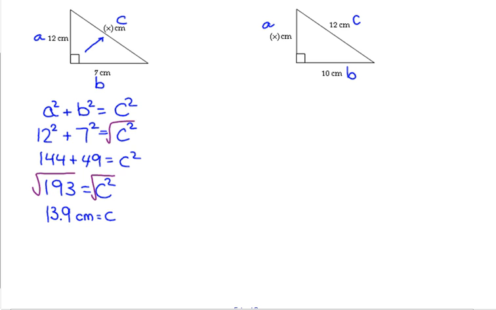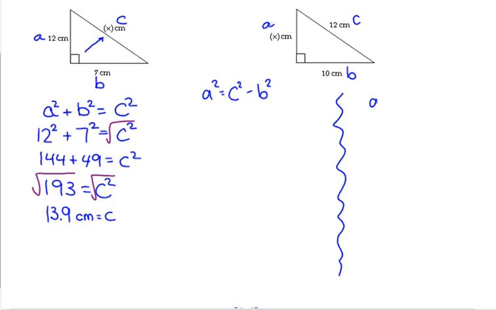Now I have a question for you, because you're all coming from different schools. Does anyone ever use the formula for the side you're looking for, if it's not the hypotenuse, so A squared would be C squared minus B squared? Yes, that's for finding the length of a side if you know the hypotenuse. So there's two ways you can solve this.